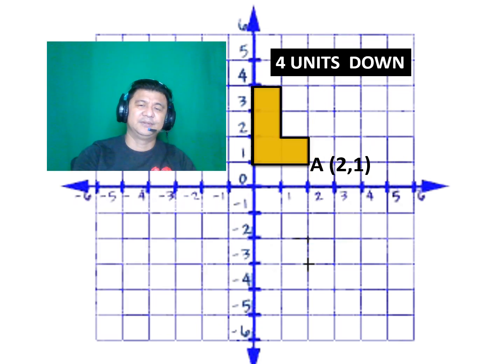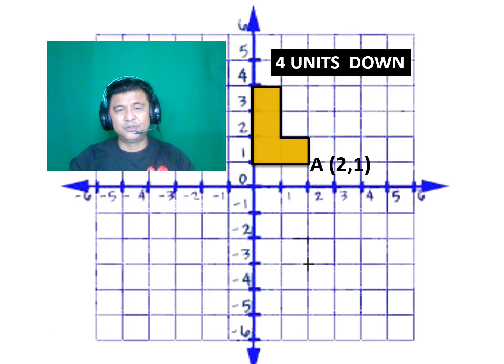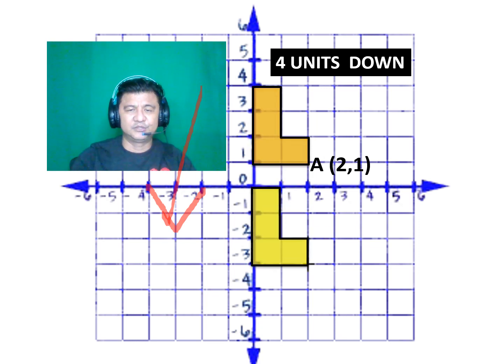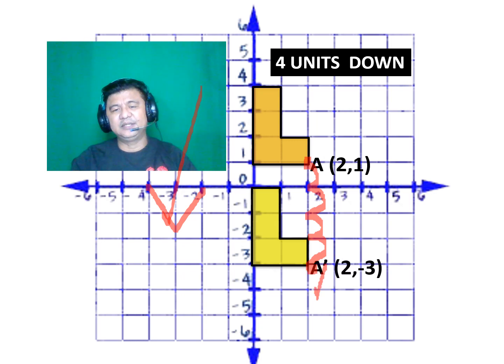Okay, last. We're going to move down. Down 1, 2, 3, and 4. Just to check from here, 1, 2, 3, 4. Letter A is now here. A is 2, negative 3.